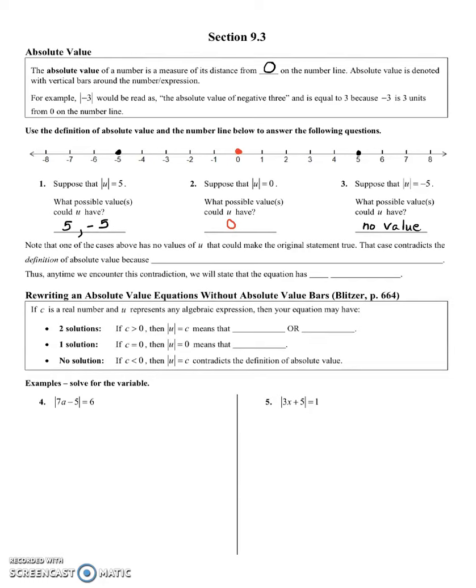The reason that is true is because it contradicts the definition of absolute value, because distance is always positive. So anytime we have that contradiction, we'll just say that the equation has no solution.